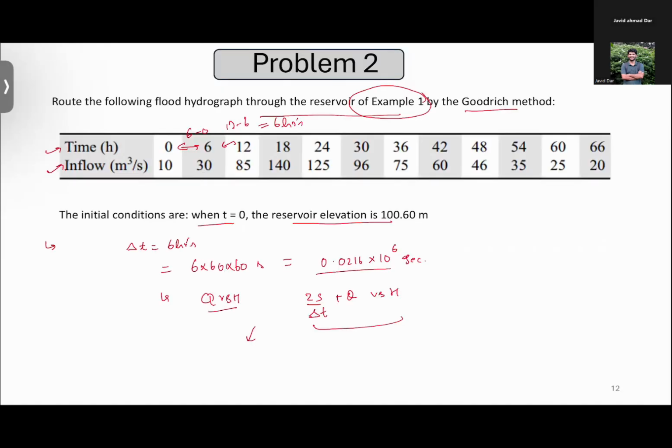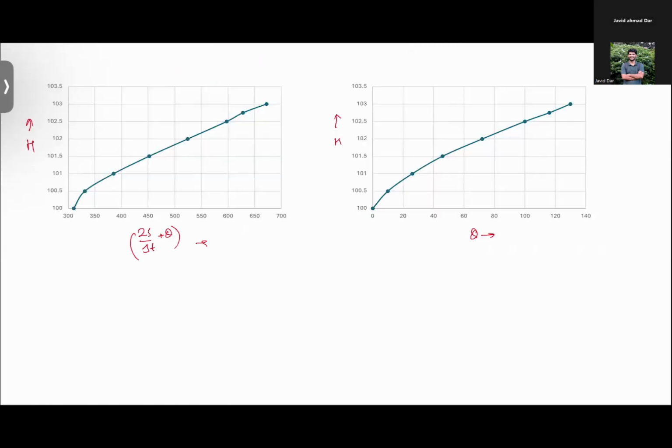So we can start at time t equal to 0. Your H is given, which is 100.6 meter. If we look into the figure, at a stage of 100.6, which is nearly here, you can compute the value of discharge. This is roughly 12 meter cube per second.